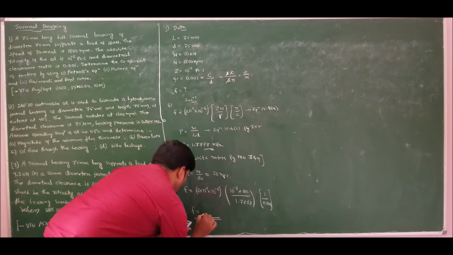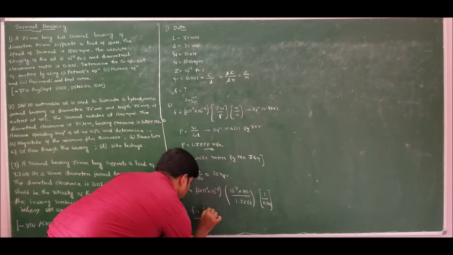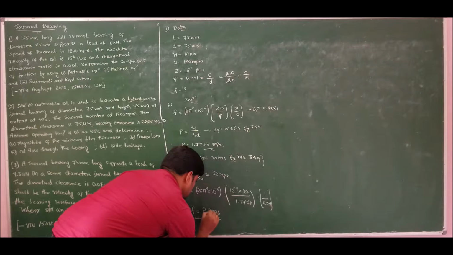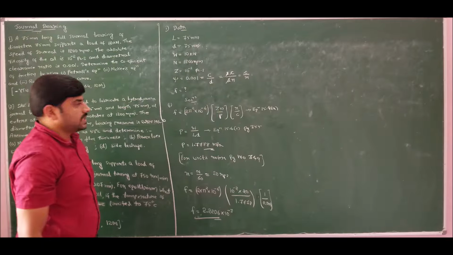Hence, I will get 2.2206 into 10 to the power of minus 3 as the coefficient of friction from Petrov's equation.